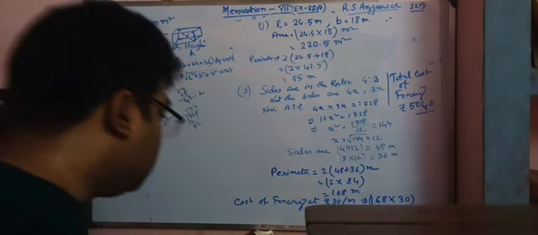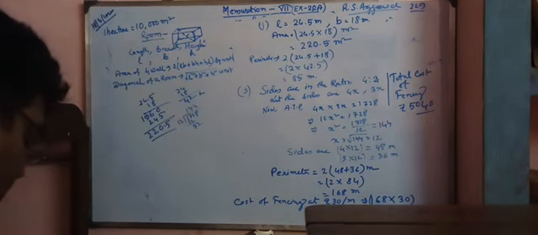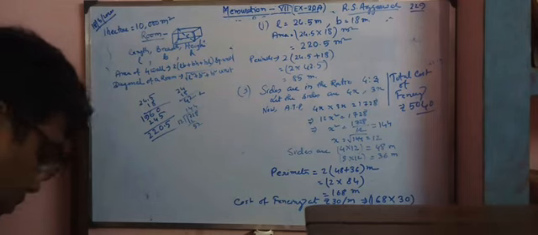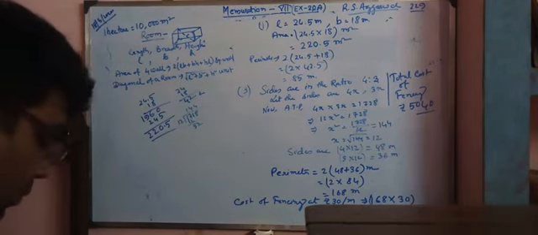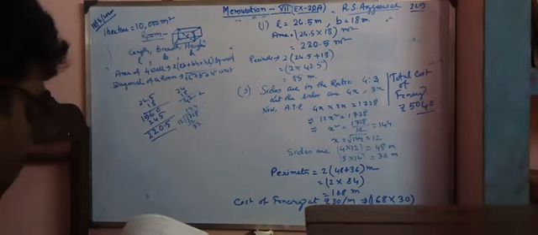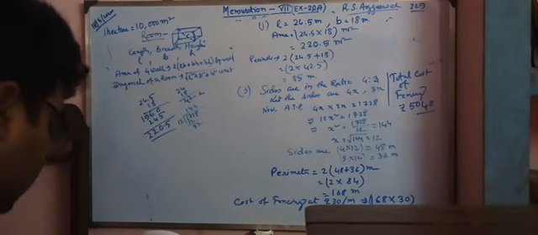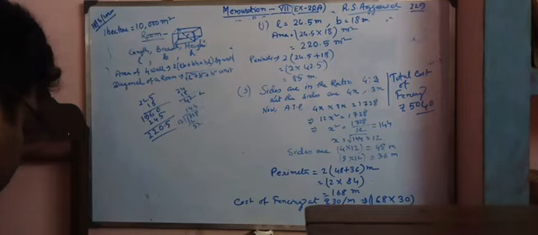Next, quickly move to another question. That is question number 5. A veranda 40 meter long and 15 meter broad is paved with stones. Each stone measures 6 decimeter by 5 decimeter.